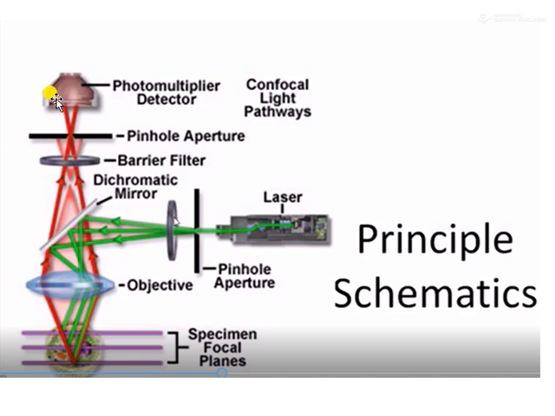This photomultiplier detector is connected to a computer, and the computer gives us a particular image corresponding to the light which it receives. All the light which is above or below the plane of focus will not be considered by the confocal microscope, and thus you get a clear-cut image.